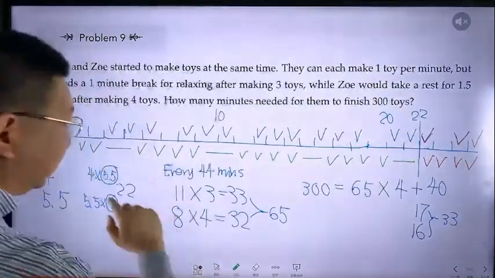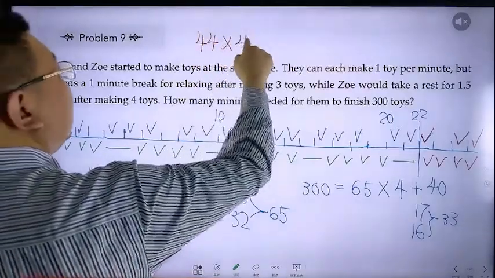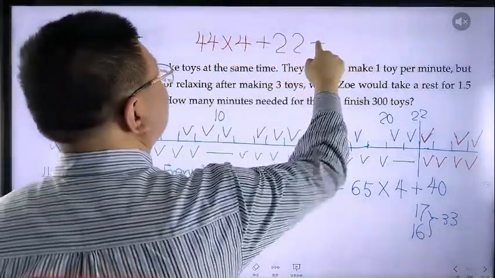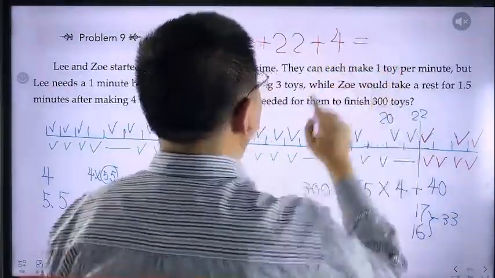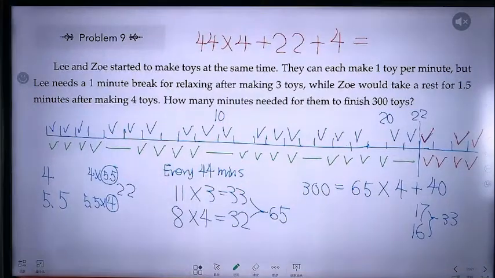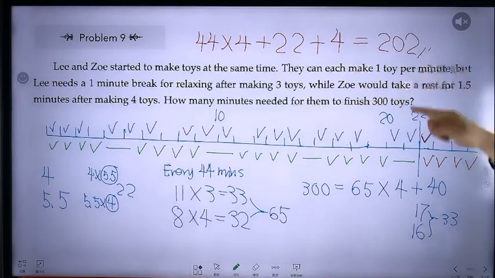We have 4 periods, so that would be 44 times 4 plus 22 plus the other 4 minutes. And so the result would be 176 plus 26, that is 202. So let's see how many of you get the correct answer.